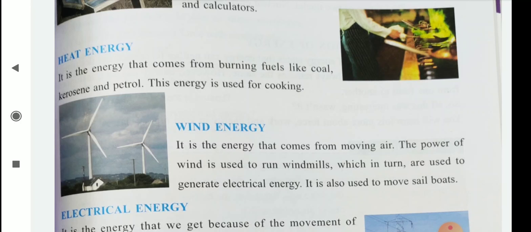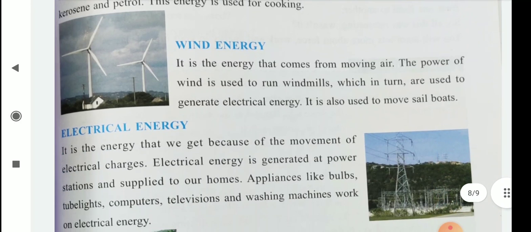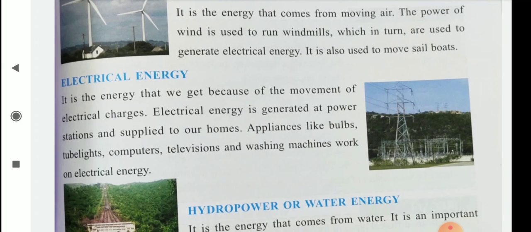Then wind energy. It is the energy that comes from moving air. The power of wind is used to run windmills, which in turn are used to generate electrical energy. It is also used to move sailboats. Then electrical energy.